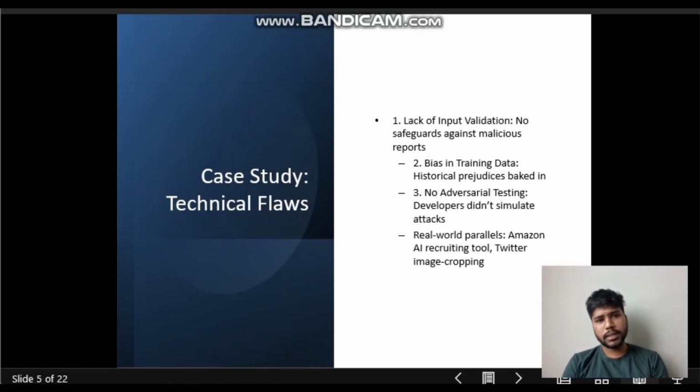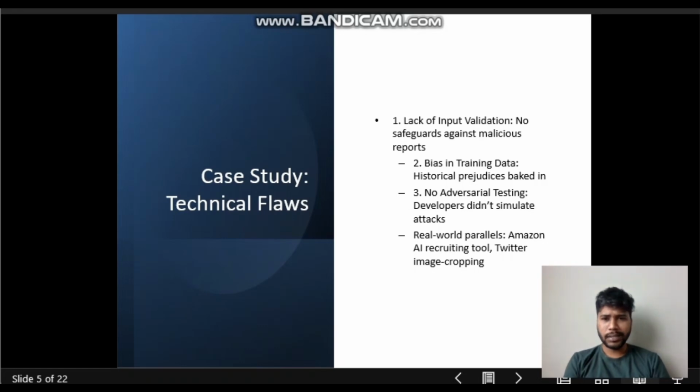Moving forward, let's talk about the technical flaws. The Blocker Plus ML model suffered from three critical flaws: lack of input validation, biased training data, and no adversarial testing. Lack of input validation means the feedback mechanism had no safeguard against fake or malicious reports.